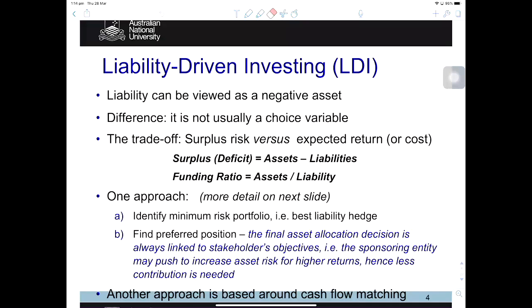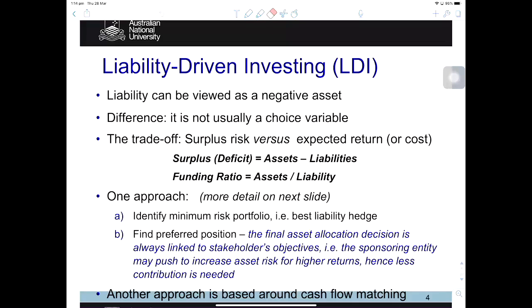The liability is not a choice variable for the managers or the board of the DB fund. Whenever the company decides to hire new employees, they put more members onto the liability side of the fund. For example, Telstra is already closed to new members.